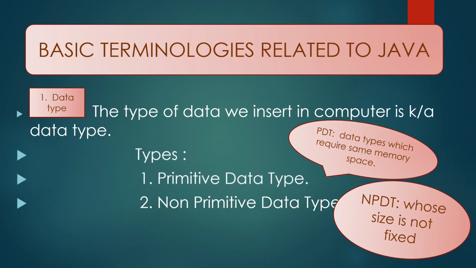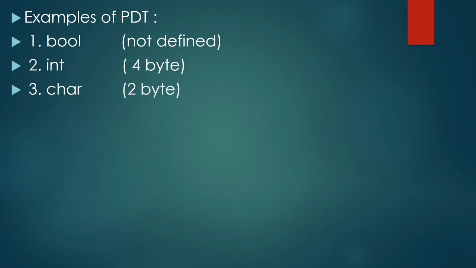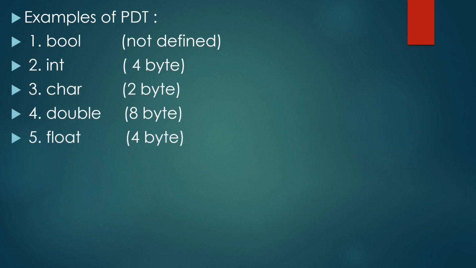Okay, so here we are done with some data types. Now examples of primitive data types are boolean, whose size is not defined; integer, whose size is 4 bytes; char, which takes a size of 2 bytes; double, 8 bytes; float has a size of 4 bytes, and long has a size of 8 bytes.